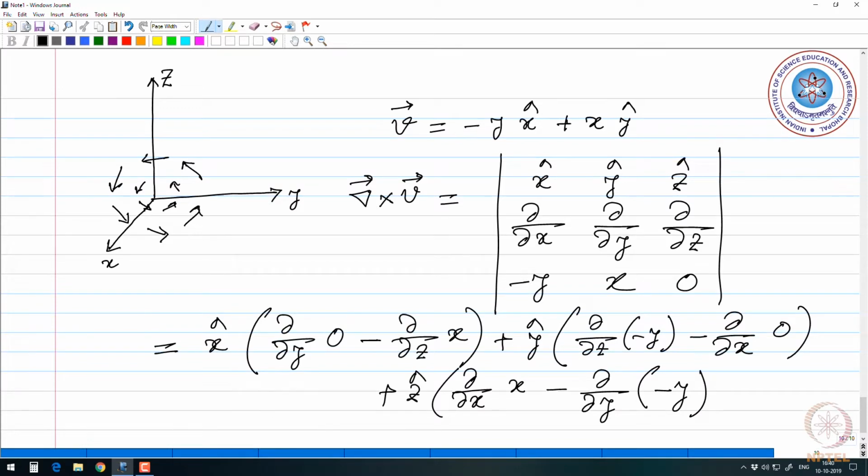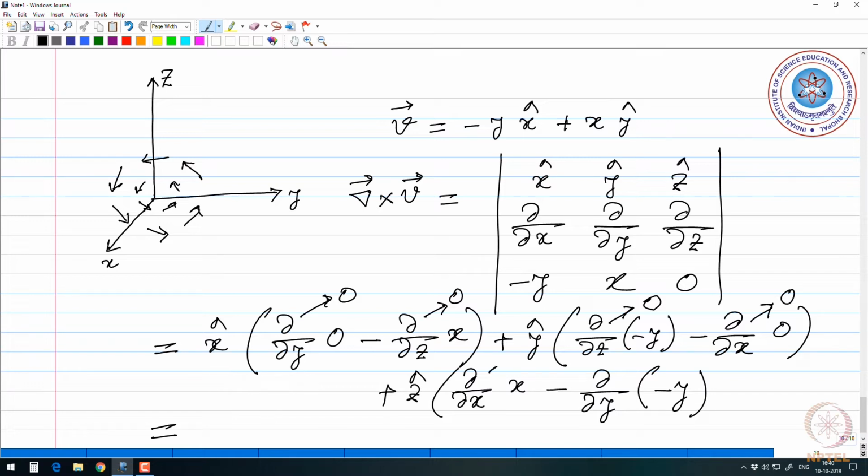Now if we work it out, we will see that this quantity goes to 0. Here we are taking a partial derivative of x with respect to z, so this will go to 0 clearly. Here we are taking a partial derivative of y with respect to z, this will go to 0. Here we are taking derivative of a constant, this goes to 0.